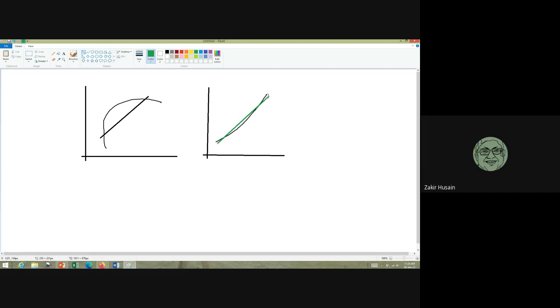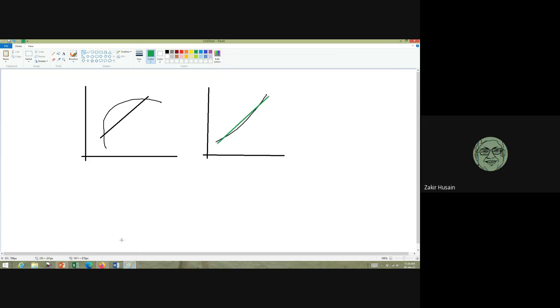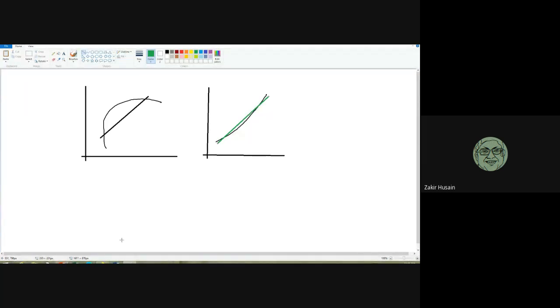You can see over here there's an error, there's an error over here. But in this case, although there are errors, it's not a huge amount of error as in the first system.